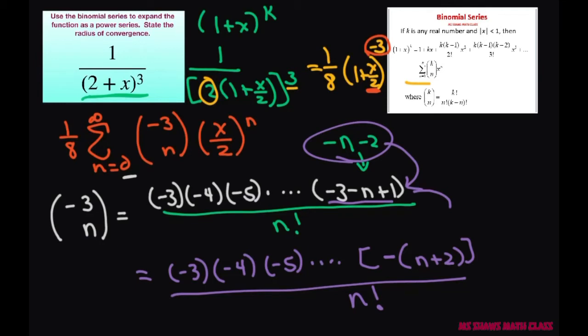Now, the next step I'm going to do is pull out -1 to the nth power, and I'm also going to add another term.